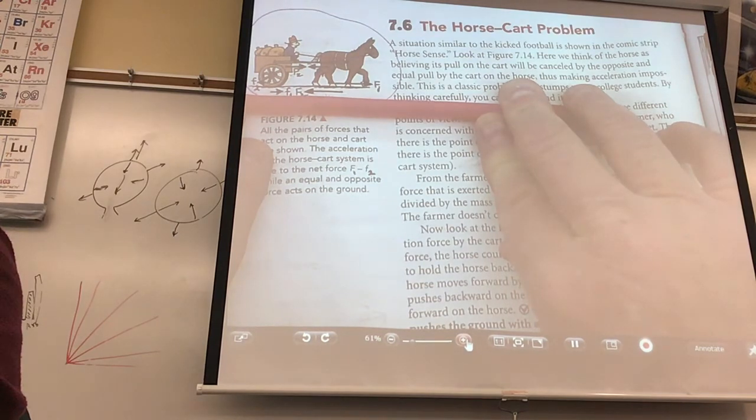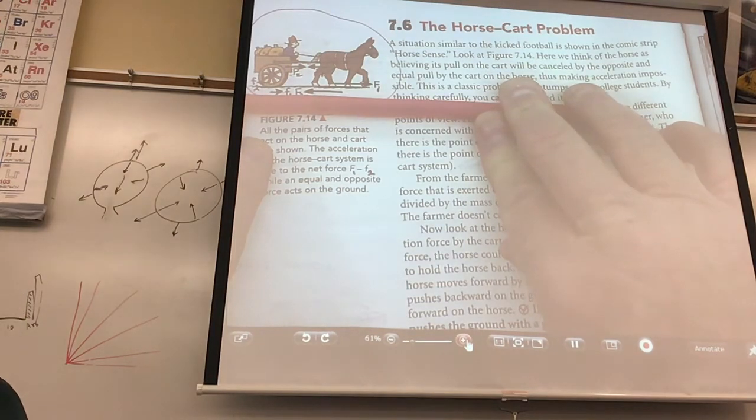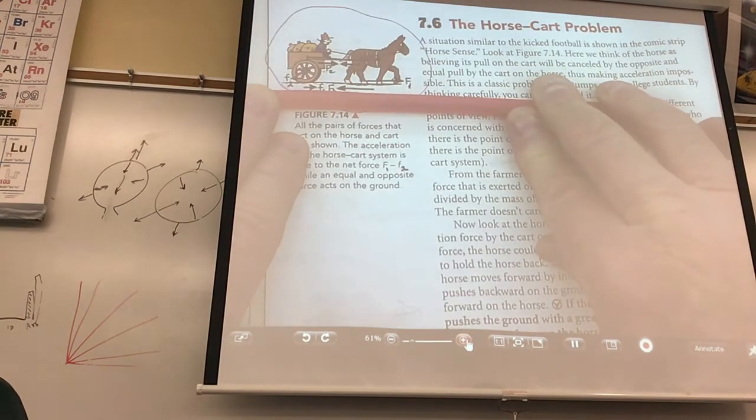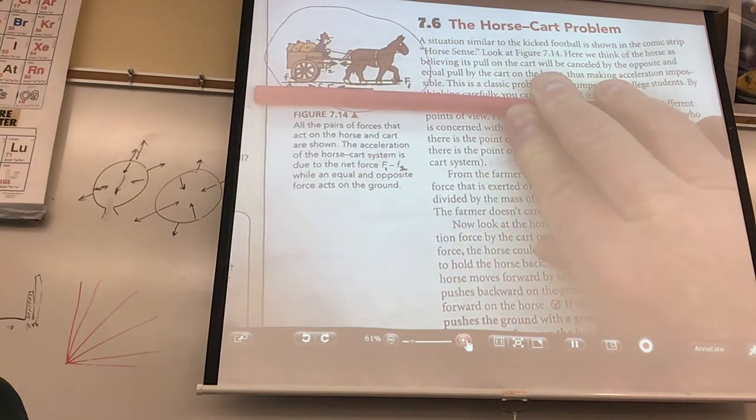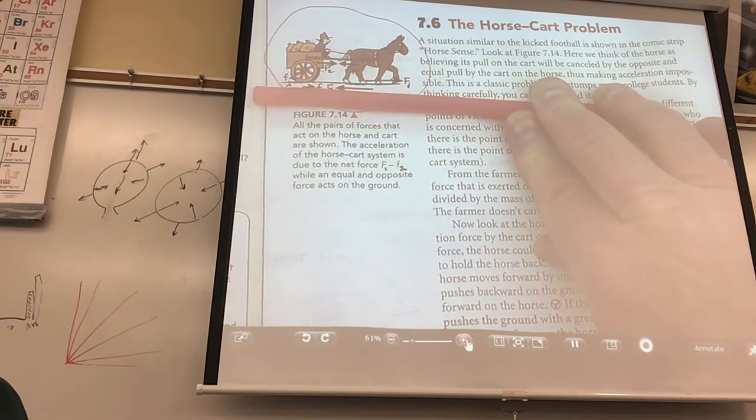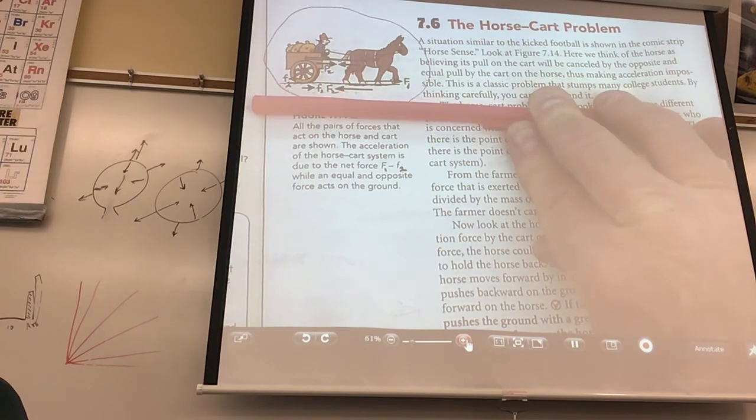Can you see this one? That's big F1. If big F1 is greater than the friction, which is what? There are two frictional forces. F2.